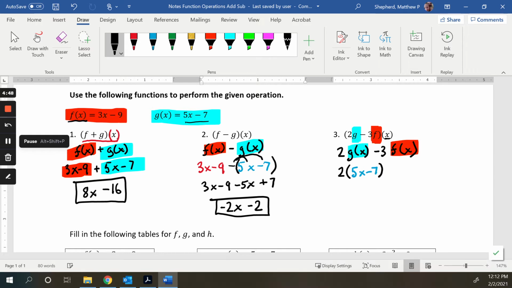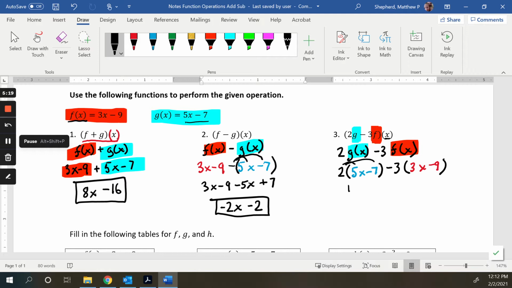So as I do this, I need to make sure to put those parentheses so that that will get distributed through as well. All right, and now that we've done that, notice the 2 is still there. All I did is I replaced g of x with what g of x was equal to. I replaced f of x with what f of x was equal to. And now I can distribute.